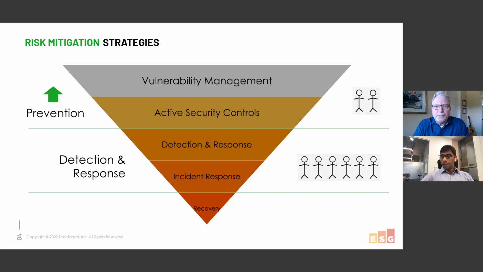So some of the stats that you put out early in some of the slides is really a proof that the preventative controls are not really working, because the attacks are passing through, and detection responses sometimes working and sometimes not working, and then you're paying the damage in the recovery part of it.